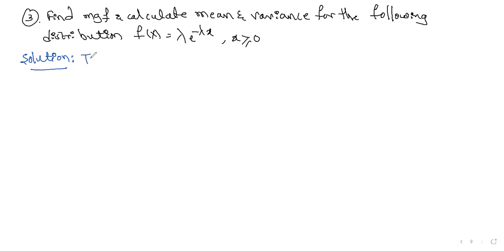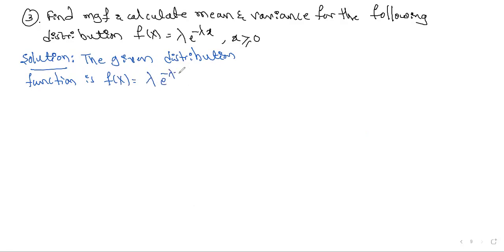The given distribution function is f of x equal to lambda into e power minus lambda x, x greater than or equal to 0. Then we have Mx of t for the continuous case.